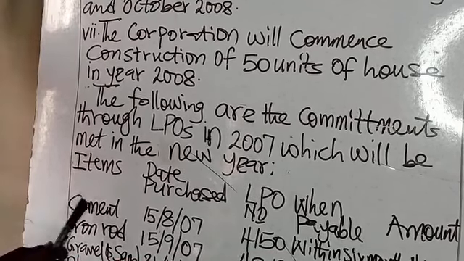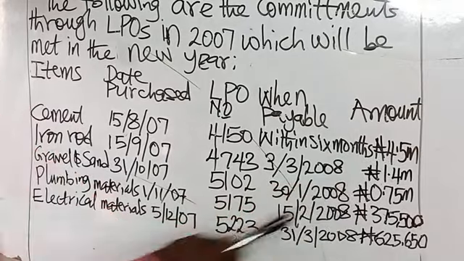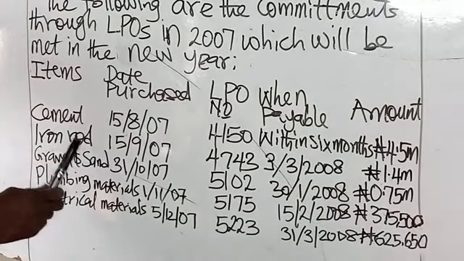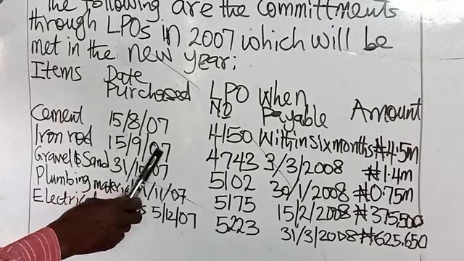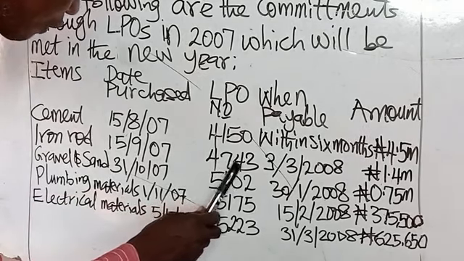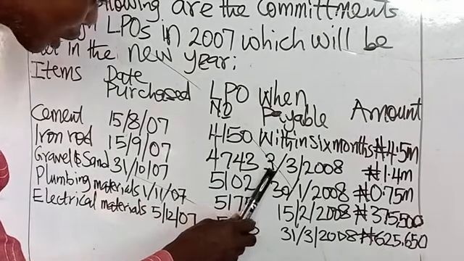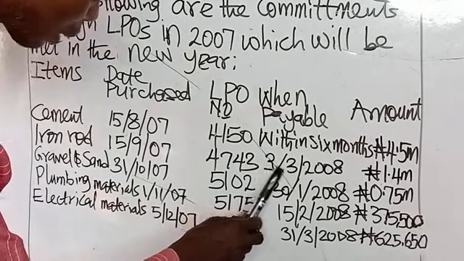Cement, bought on 15th of August 2007, LPO number 4150, payable within 6 months, and the amount is 4.5 million naira. Iron rod, 15/9/2007, LPO number 4743, to be paid on 3rd of March 2008, amount is 1.4 million naira.